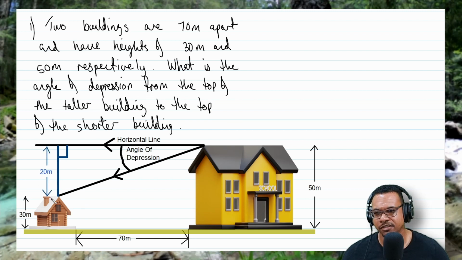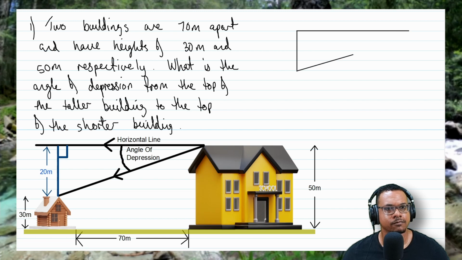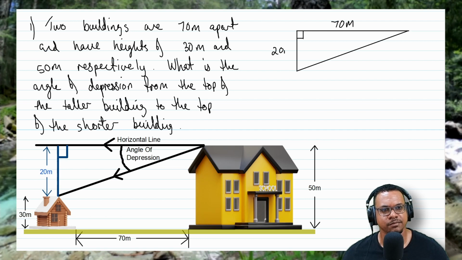So now we have a right angle triangle where we know the length of this side is 20. And of course, the length of this side here will be same as the 70 meters here. So what I'll do is draw this right angle triangle. We'll have the length of this side here being 70 meters and the length of this side being 20 meters. And I'll call this angle D, which is the angle of depression.